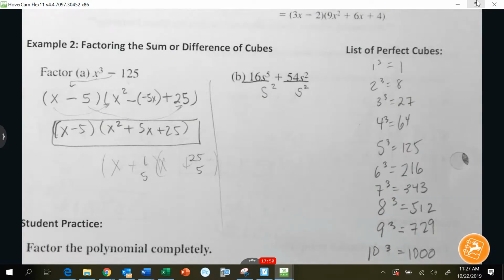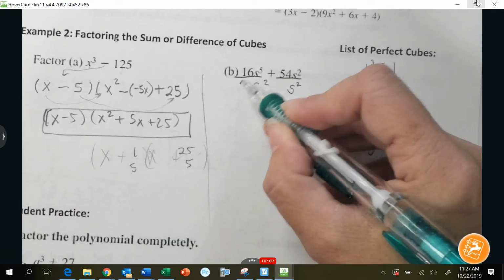I wasn't trying to put you on the spot for the answer. 8 doesn't go into both. What goes into both? Does 2 go into both? Does 16 go into both? No. Does 4 go into both? Does not go into 54. So 2.